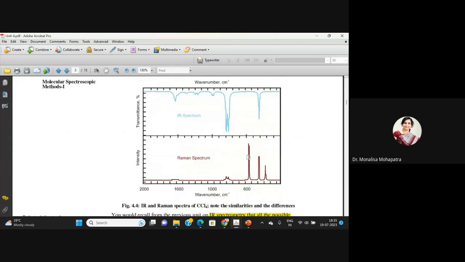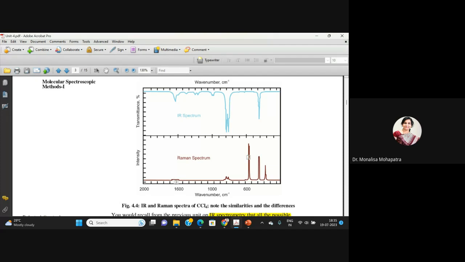So here you see the beauty is this, that the IR spectrum you are measuring in terms of transmittance, the Raman spectrum you are measuring in terms of intensity on the y-axis. You just see the similarities and differences in the peaks. Here you see the first blue peak you are seeing in the IR spectrum.